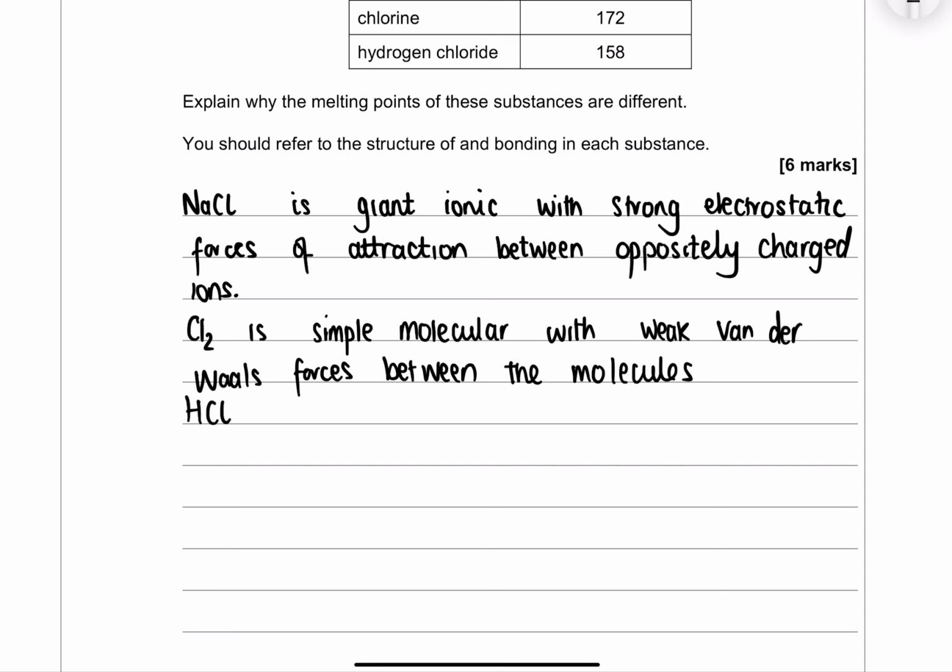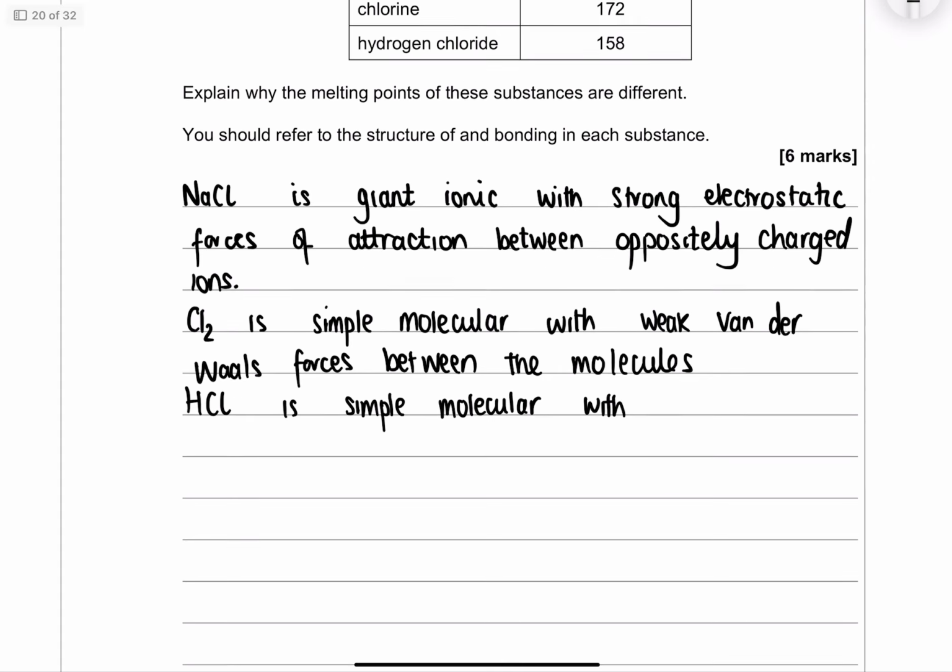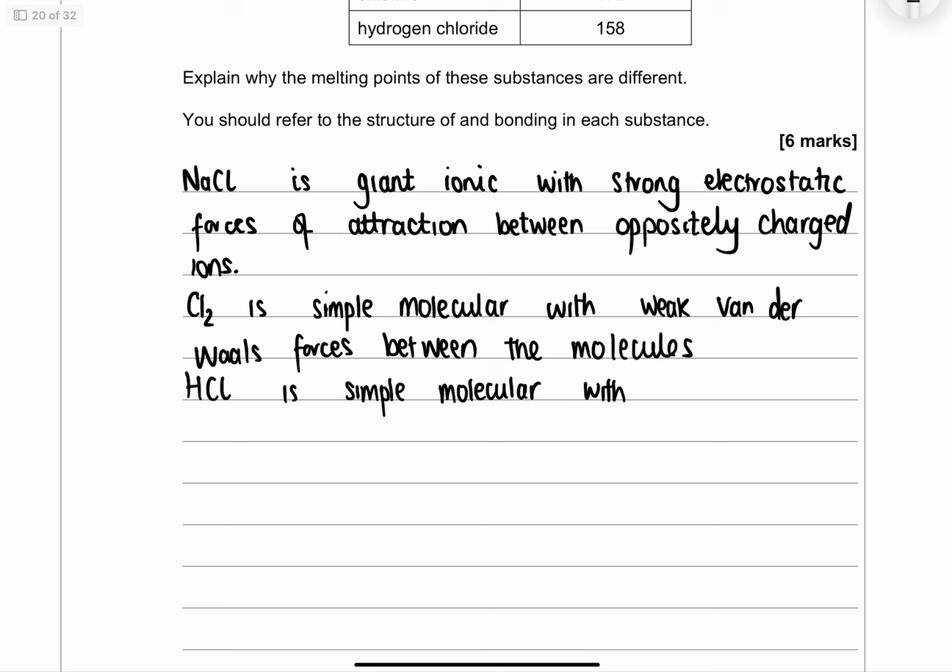Hydrogen chloride, HCl, is also simple molecular, but it's polar. And so, as well as having van der Waals, it also has dipole-dipole forces between the molecules.